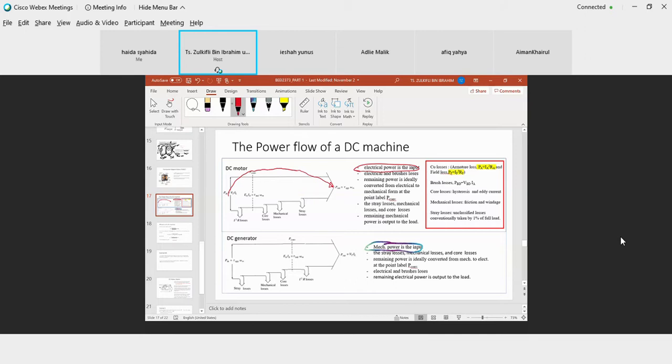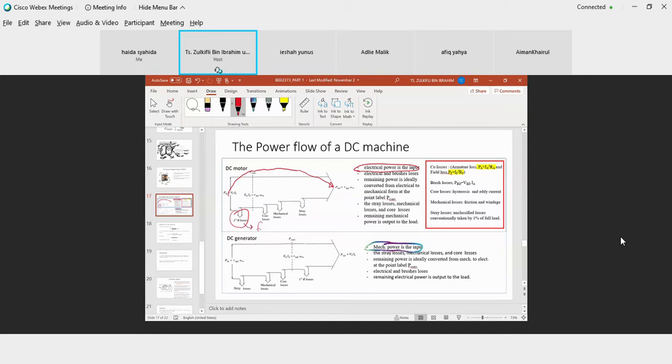So the losses, the power ni akan mengalami kehilangan, maksudnya akan ada losses lah. So disebabkan oleh you have your winding, lepas tu ada I square R losses. So this is basically for the winding and the conductor, so akan ada I square R losses. So ini dekat mana?